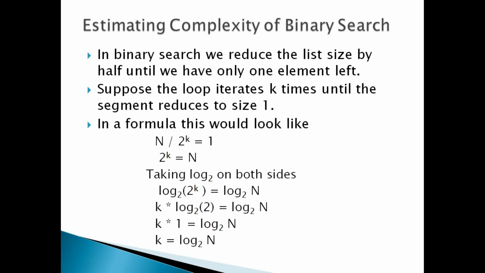In mathematical terminology we can say that n upon 2 to the power k is equal to 1, because the total size of the list divided by the number of iterations taken gives us the last one element, okay. So if we are iterating that loop k times, then it becomes 2 to the power k, because we are making the size half.